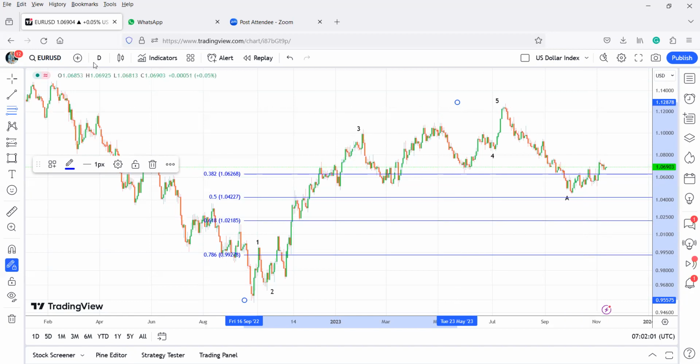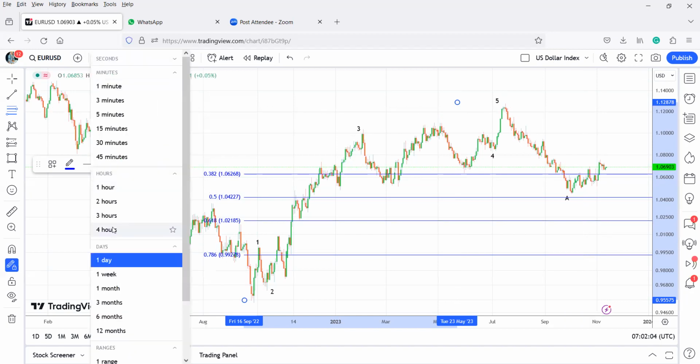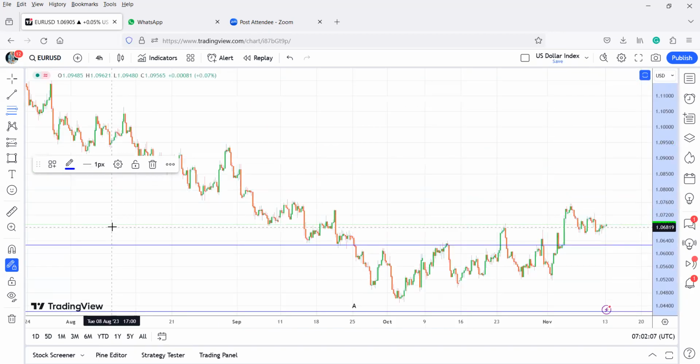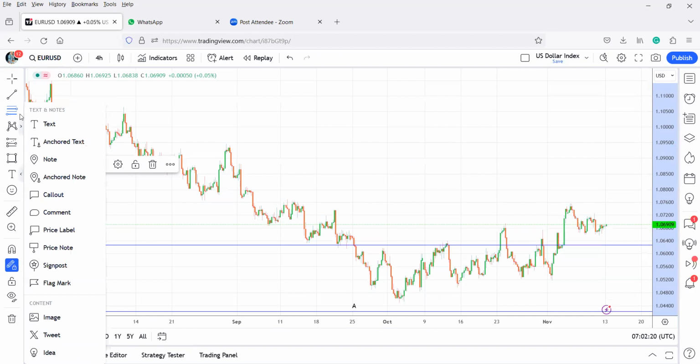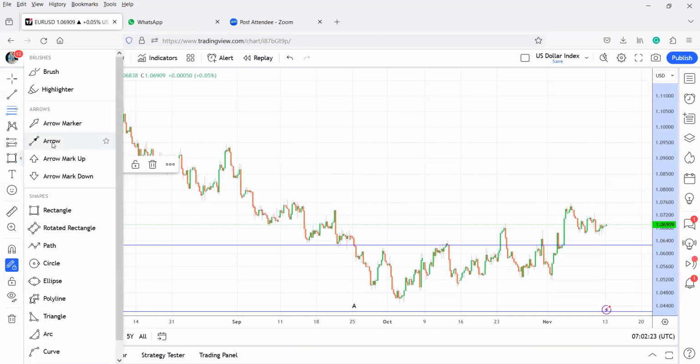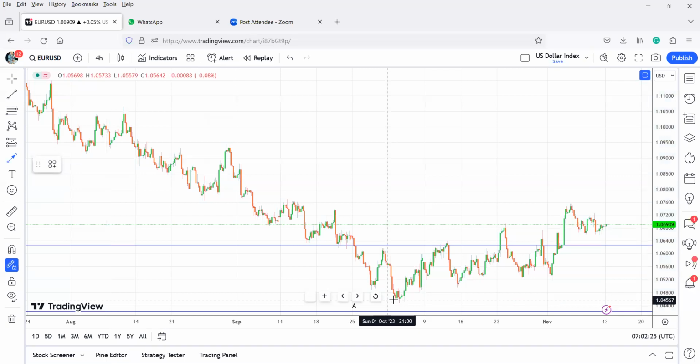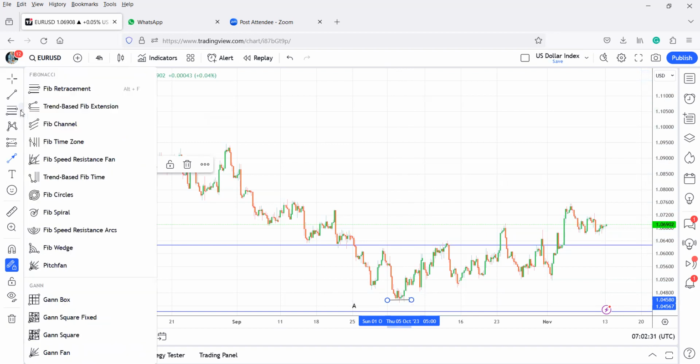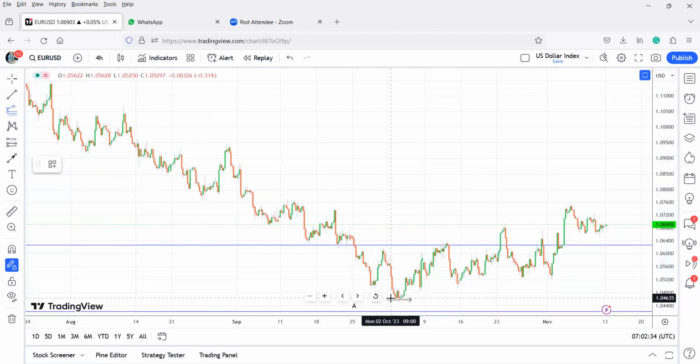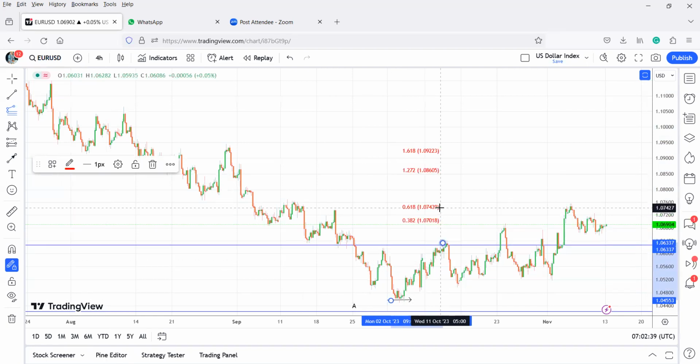But the immediate wave structure can be seen on the 4-hour time frame. What we are looking for in the 4-hour time frame is a buy. It's bullish for euro, all right, which started off from 1.0450 exactly on 4th of October, and until now it has completed the first wave higher through 1.0755.